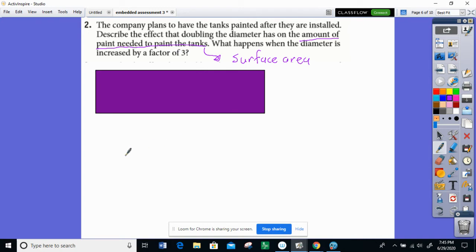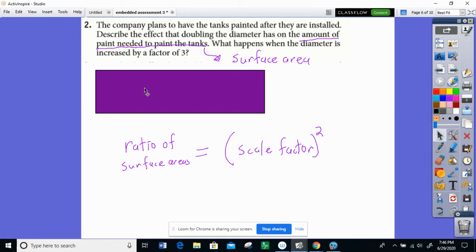All right, and we learned in our changing dimensions activity in activity 37 that the ratio of the surface areas is equal to the scale factor, but since area is a two-dimensional measurement, since we measure area in squared units, we take the scale factor and we square it.